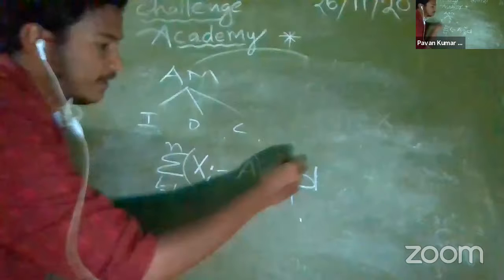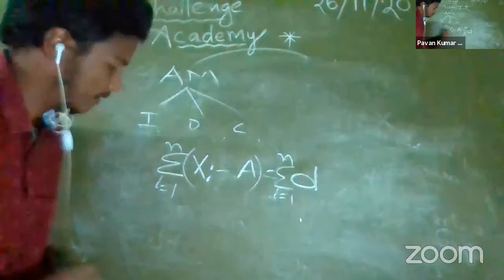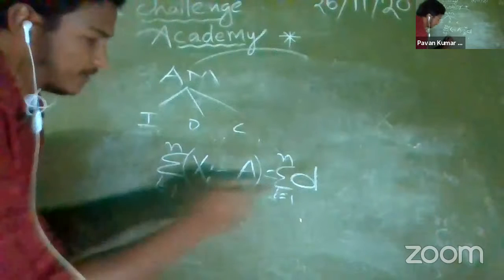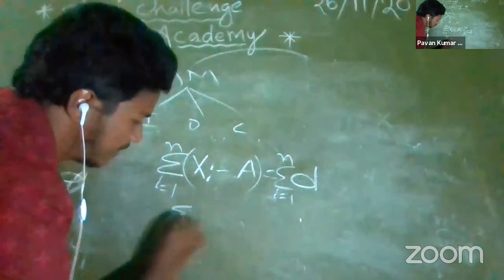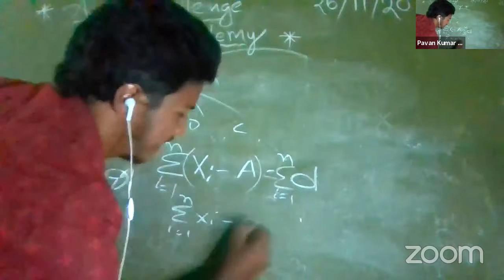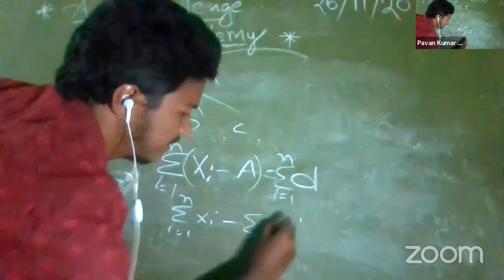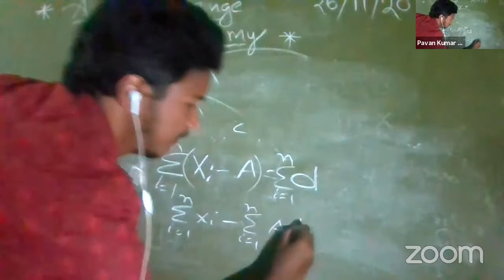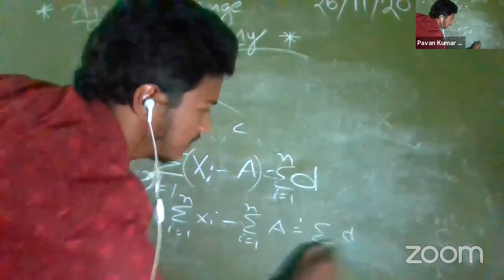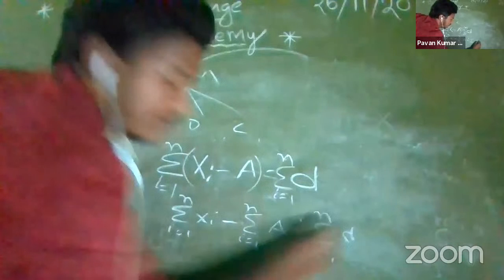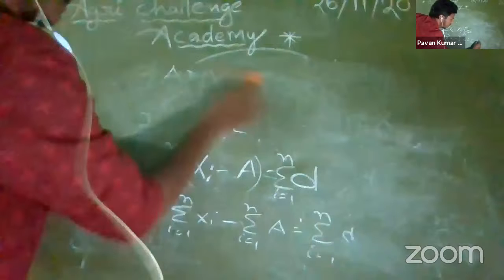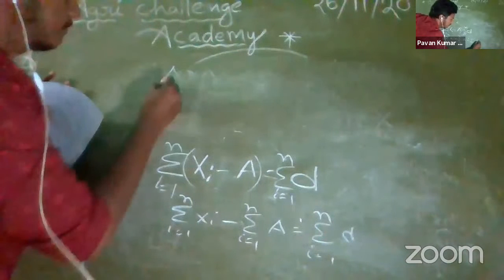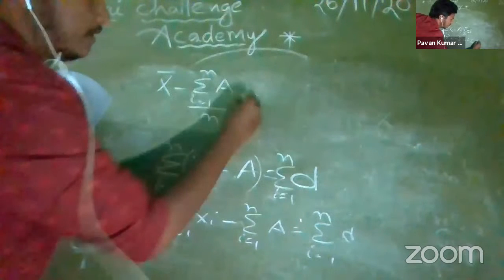n means the size of the data. Now take summation inside: summation of xi, i equals 1 to n, minus summation of a, i equals 1 to n, equals summation of d, i equals 1 to n. Now divide both sides by n. Then it becomes x bar minus summation of a by n equals d bar.